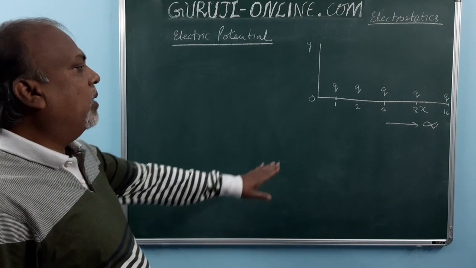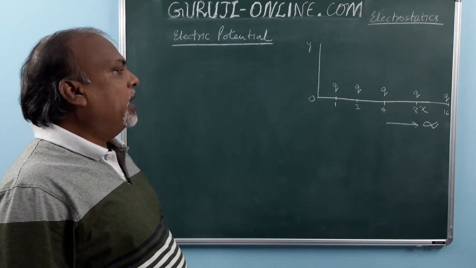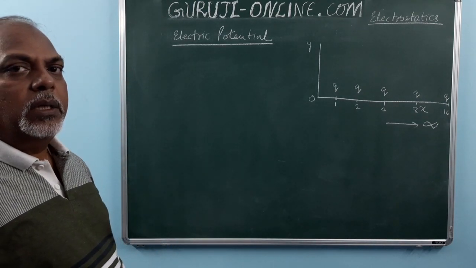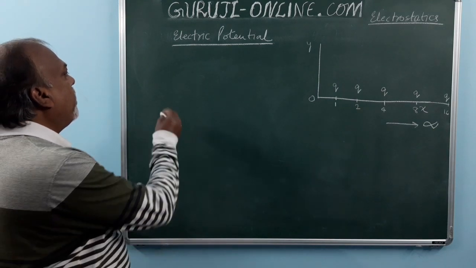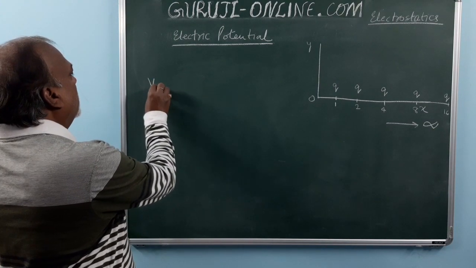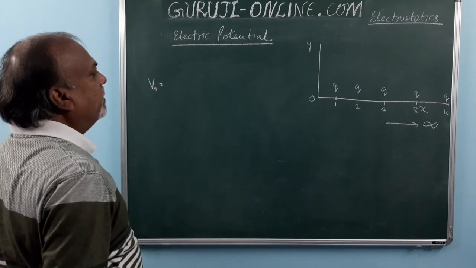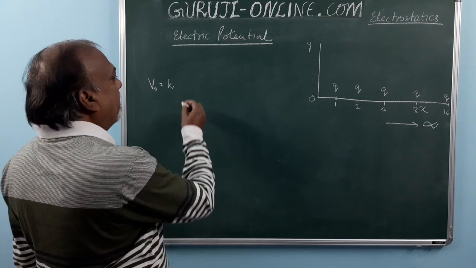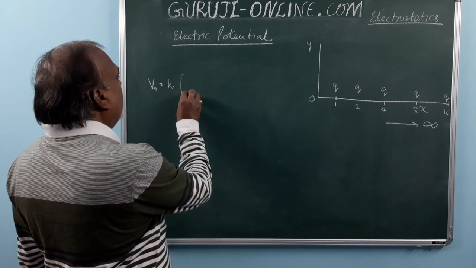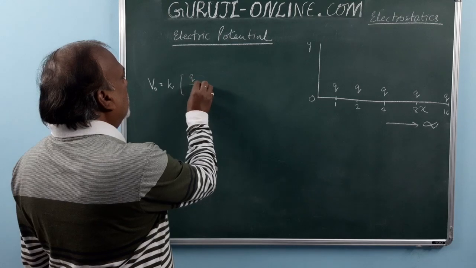Now we have to find out what will be the potential at the origin. Potential at origin will be nothing but K Q.